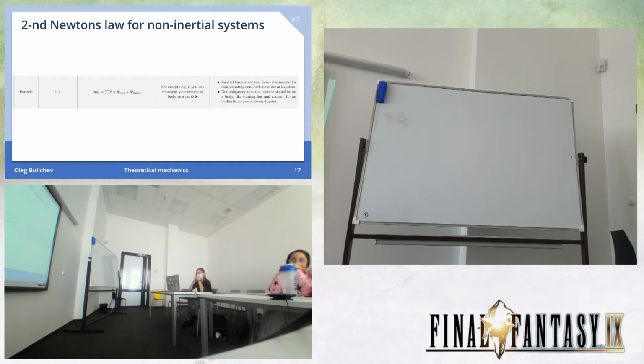And again, it's not obligatory that the particle should be on a body, like a turning bus or a man. Again, it can be Earth and a satellite on Jupiter. It's exactly what I showed right now. Let's assume there's a bus, and it moves and rotates with acceleration, and I try to calculate dynamics for this. In this case, of course, it is a non-inertial system.